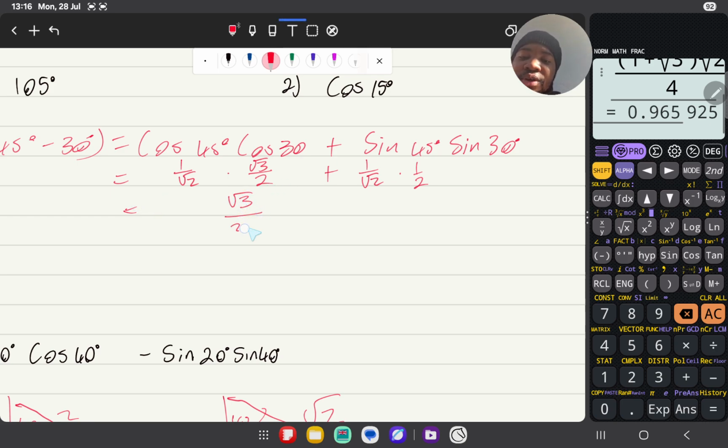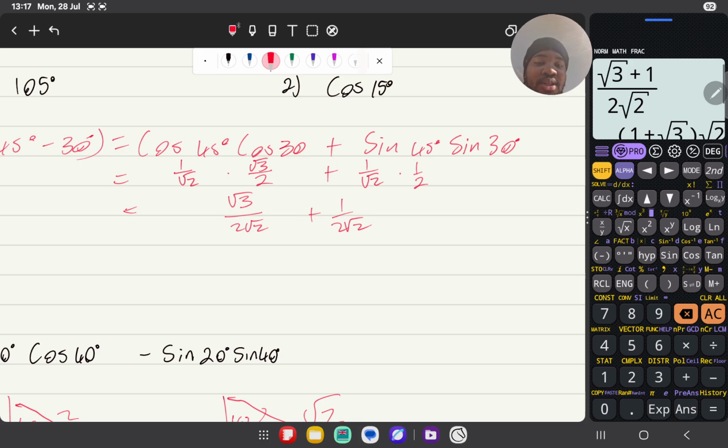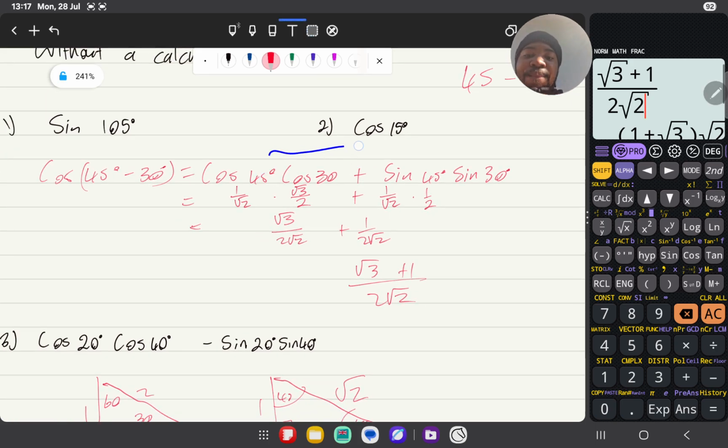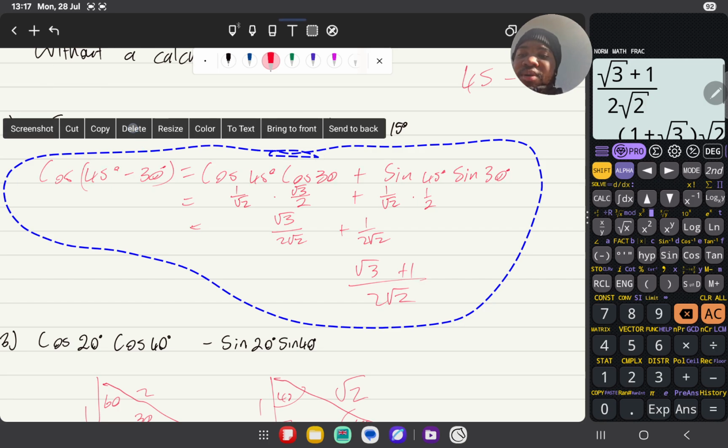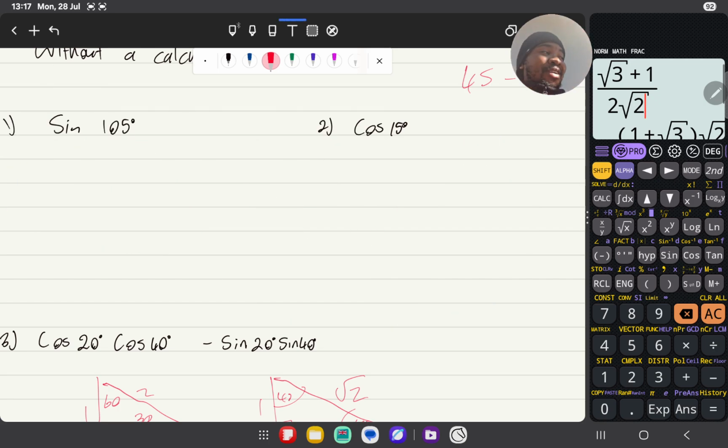I have square root of 3 over 2 root 2 plus 1 over 2 root 2, which is the same value as we had last time, because we are still getting square root of 3 plus 1 over 2 root 2. So these two give us the same value.